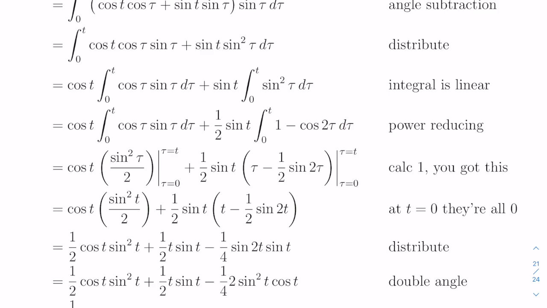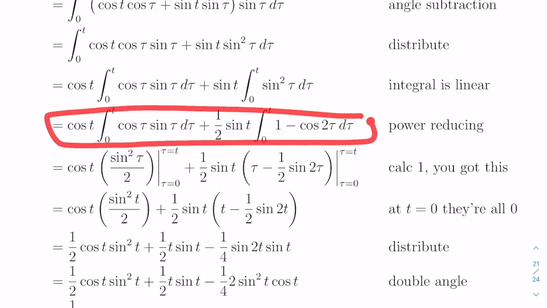I can prove it, but I don't want to have to prove it every single time, so I haven't put it in my head. Maybe put it in your head, so you don't have to be like me and have to look it up for 10 years, or 20 years. Sine squared tau is 1 minus cos 2 tau, with a 1/2.